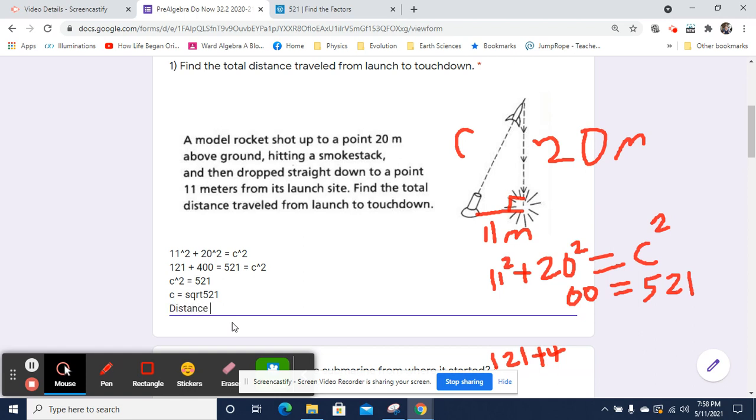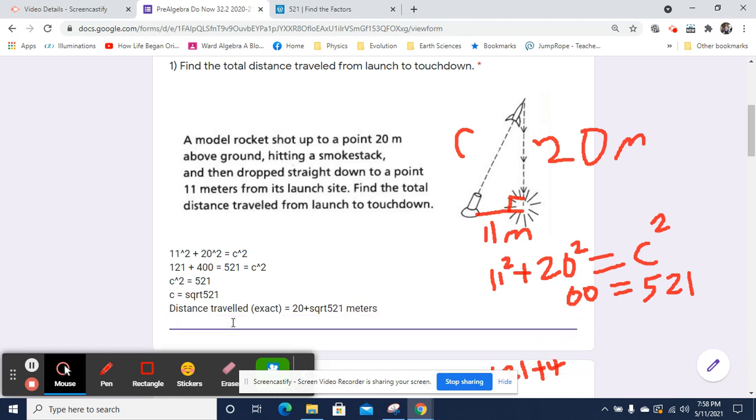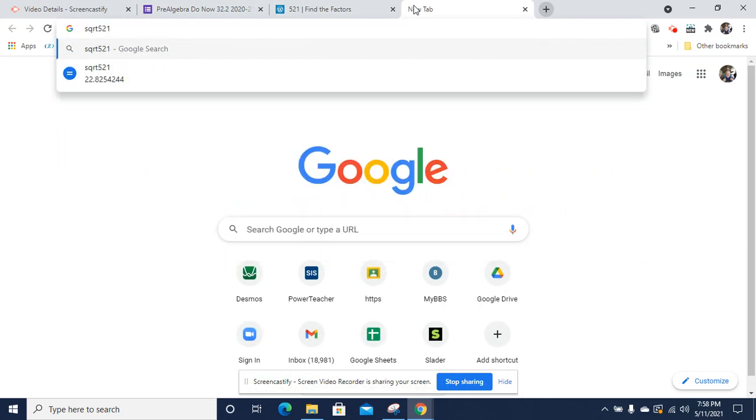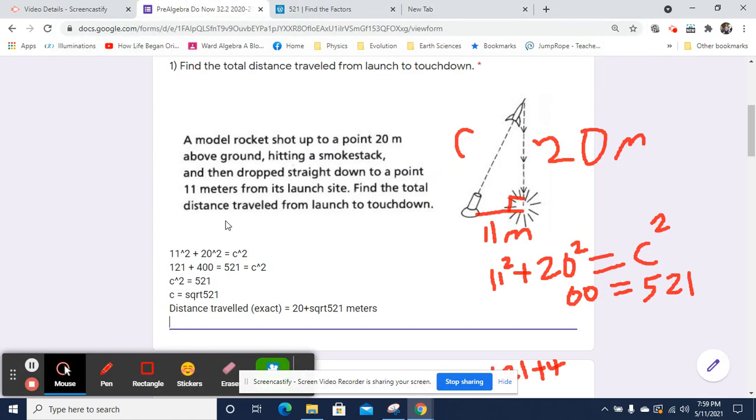So the distance traveled, exact, is going to be 20 plus the square root of 521 meters, okay? The square root of 521 is going to be about 22.83. We'll call that just 22.8 for our purposes, okay?